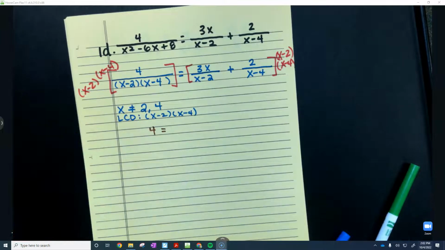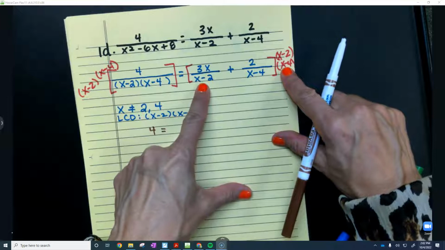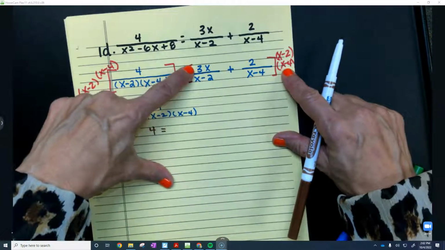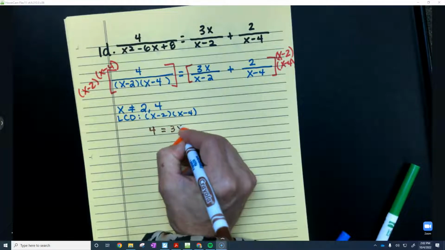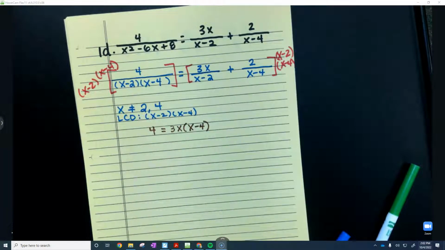And then on the other side, guys, look, when I distribute both of these to this first fraction, only the x minus 2 cancels out. So we have to take the 3x and multiply it by the x minus 4. I'm not going to multiply it yet. I'm just going to stick them together like that. I'll do it in a minute because I want to look at the other fraction.